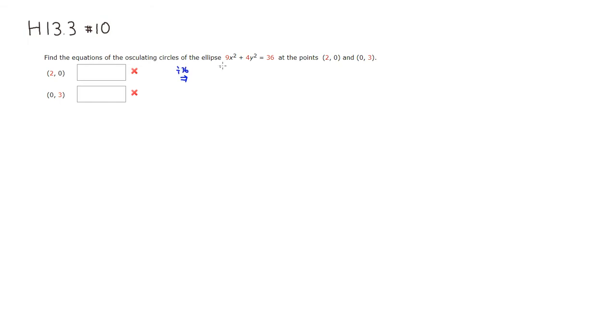So you get x squared over 4, which is 2 squared, and y squared over 9, which is 3 squared, equal to 1. That's in standard form.